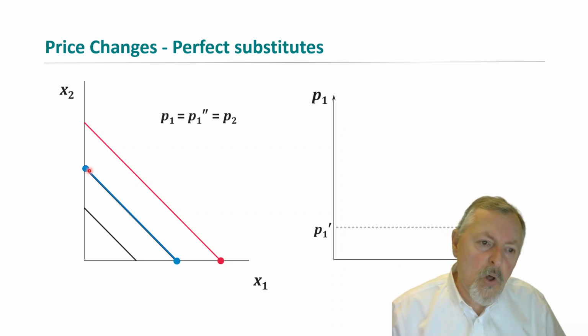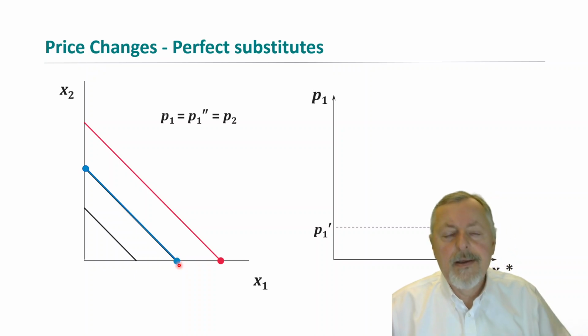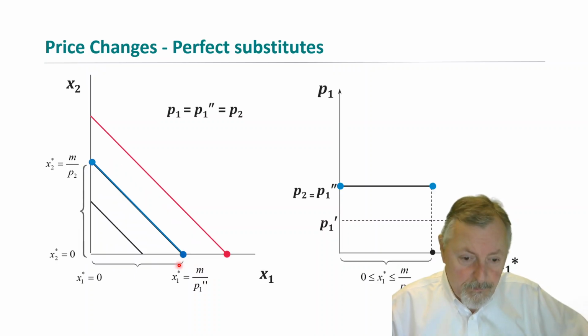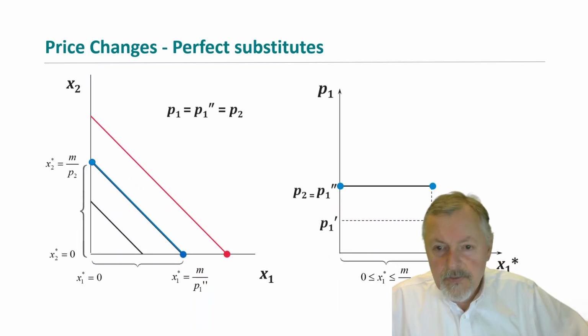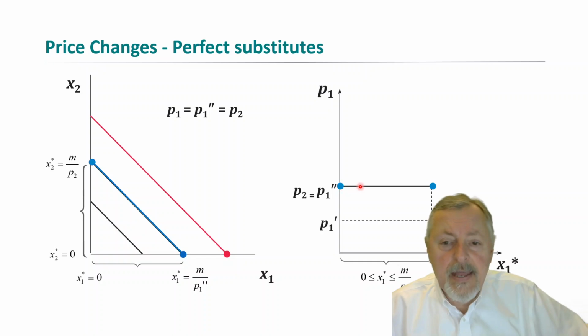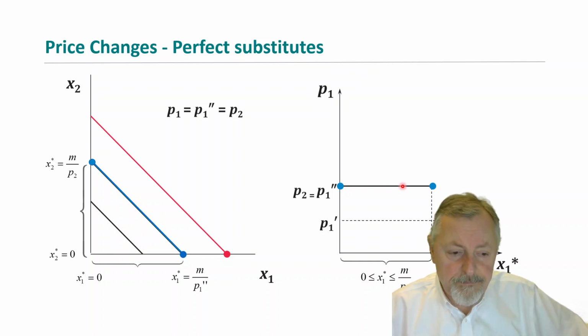But since all of the points on the budget constraint give you exactly the same utility, you don't care where you are. So the quantity you will purchase at that price is somewhere on this segment. And you don't care because they give you exactly the same utility.